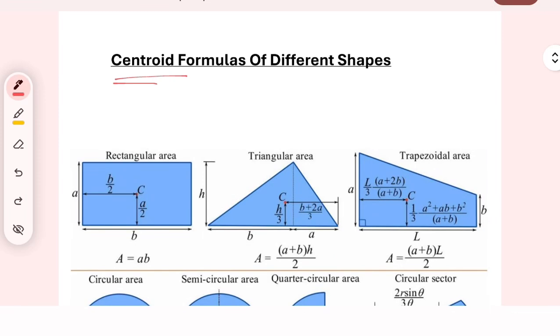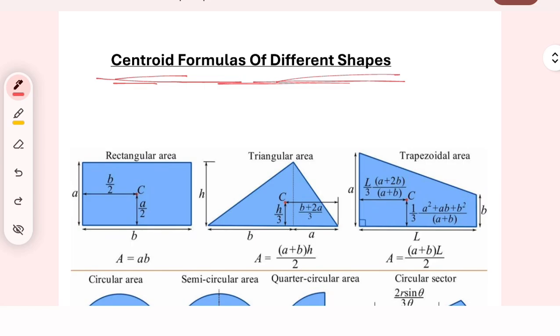Hello everyone. So today we will learn how to compute the centroid of different shapes. We will introduce the formulas of the centroid for the different shapes. So why do we need to compute the centroid, by the way?